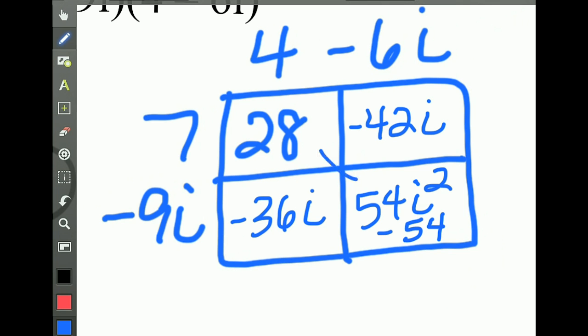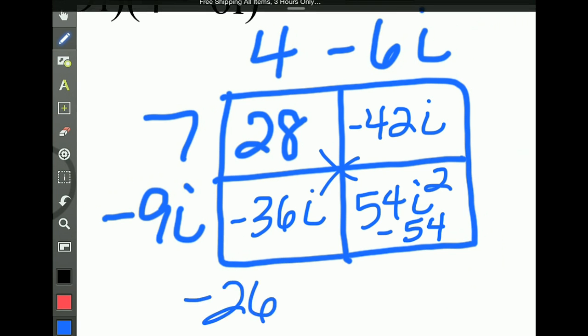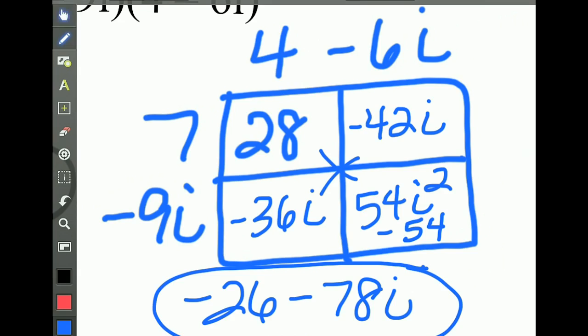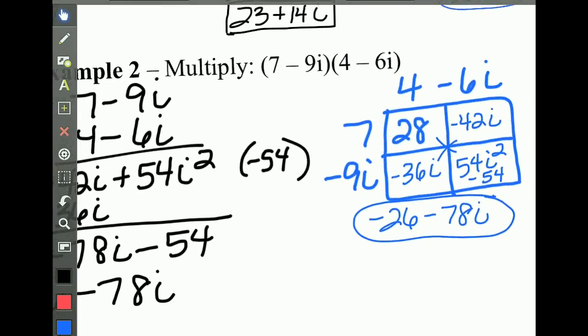So, combine the diagonals. 28 minus 54 is negative 26, and -36i minus 42i would give us negative 78i. Okay, same answer we got for the other.